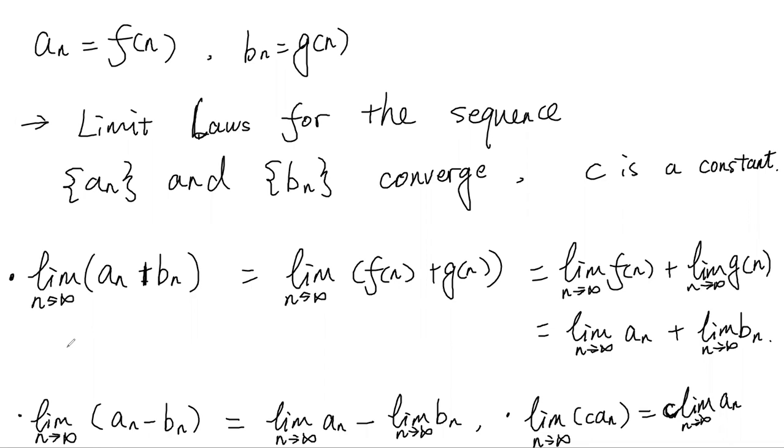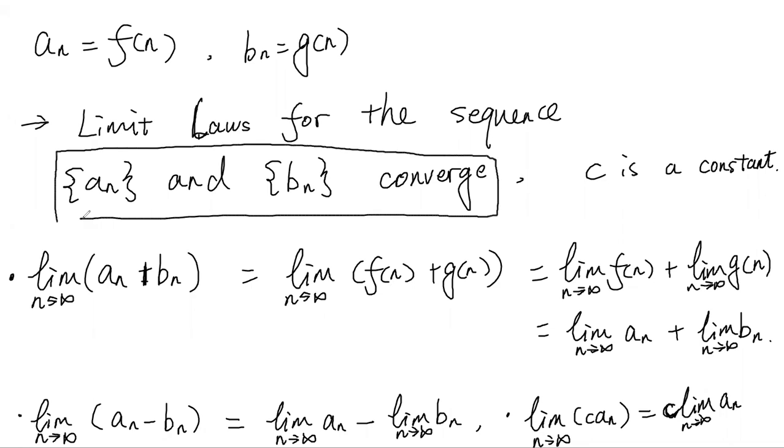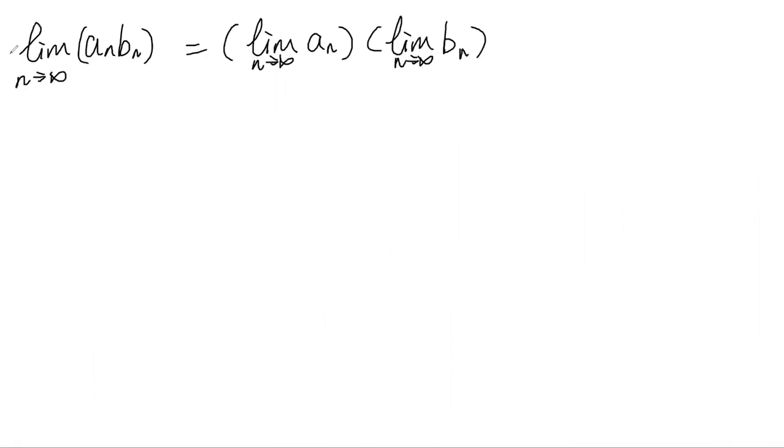And the limit of the scalar multiple is equal to the scalar multiple of the limit. In order to use all these formulas, you have to ensure that both sequences converge. And then there's a product formula, which is also from the limits of functions.